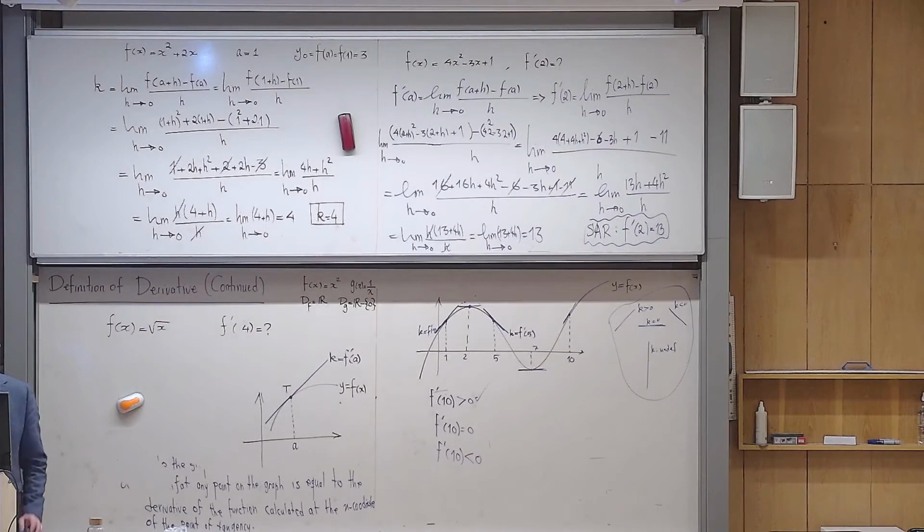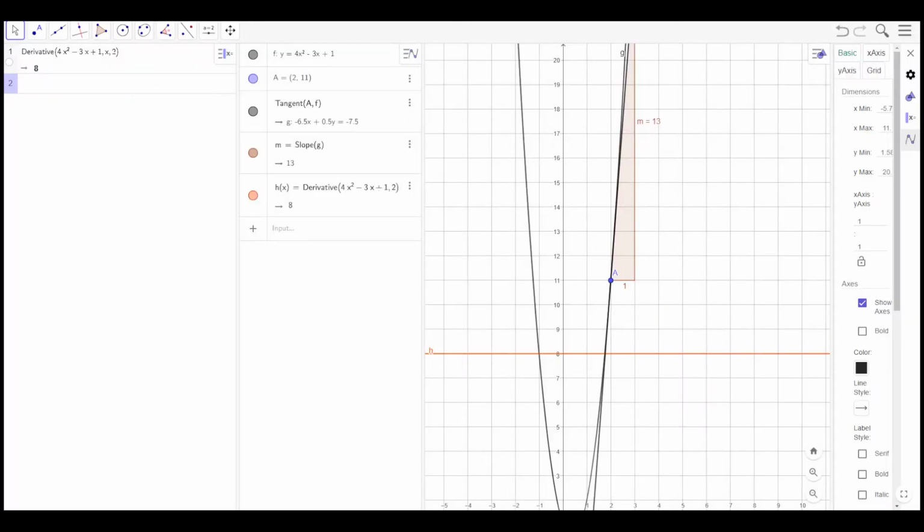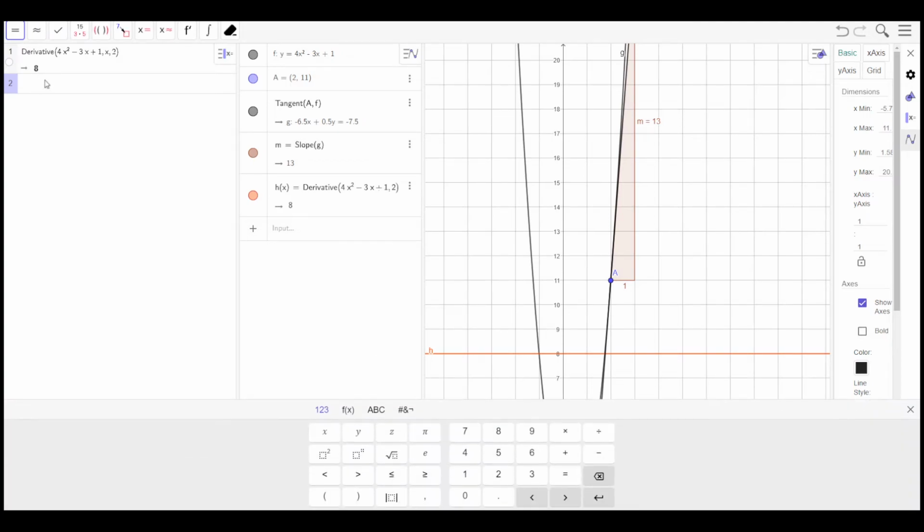So if I go to GeoGebra, I don't even know how they have done it. Okay, I understand what they have done. They have taken the second derivative of that. That is correct, that 8 is correct, but that's something different. If I want to calculate this, I just write derivative and my expression 4x to the power of 2 minus 3x, and then plus 1.